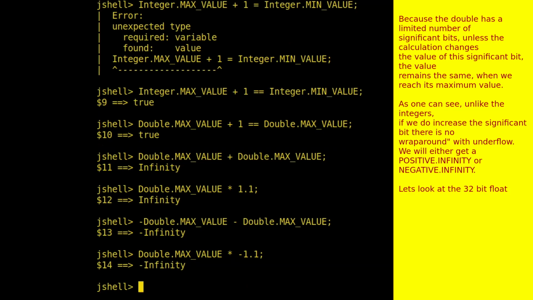We also can see that if the significant bit does change, it does not wrap around with an overflow. We'll either get a positive or a negative infinity.